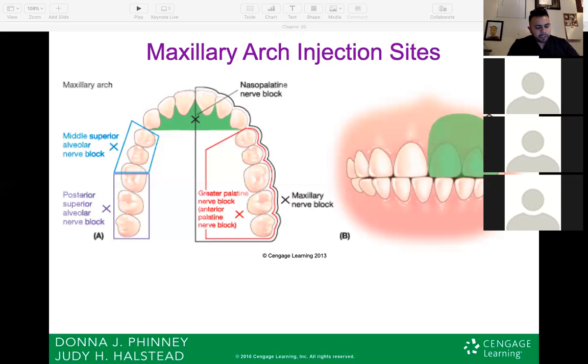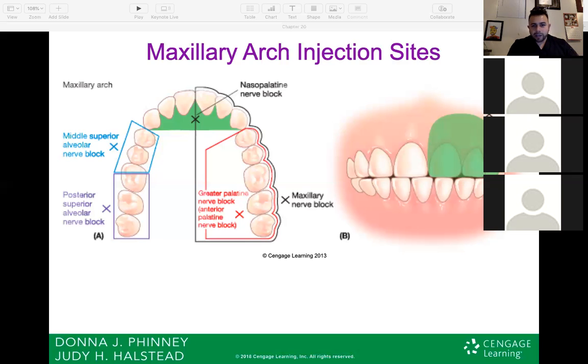That nerve injection will numb all of those teeth that are highlighted in green. So if you ever need to do any anterior work, you want to block out all of those teeth, especially if we're working on veneers or something like that. That's exactly where that injection should be.